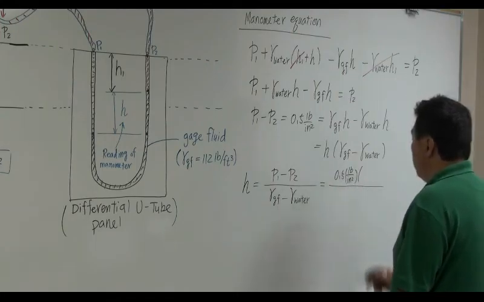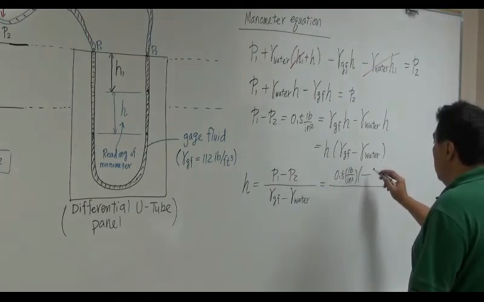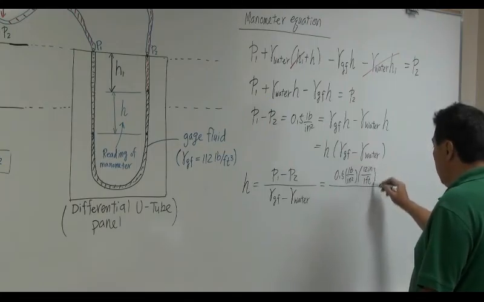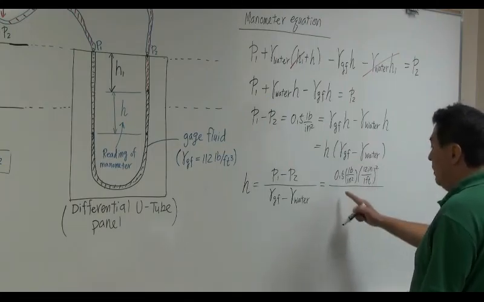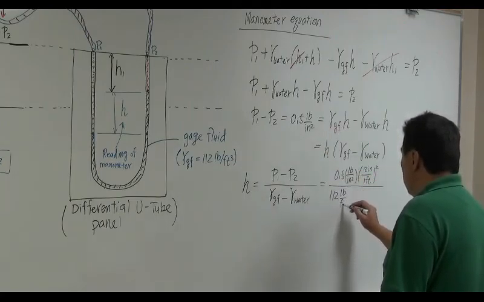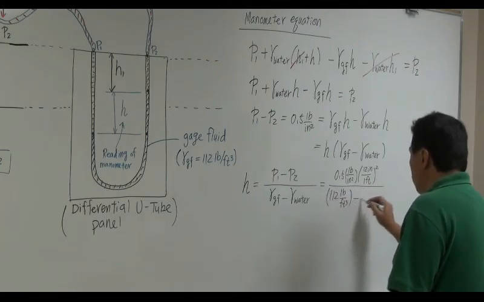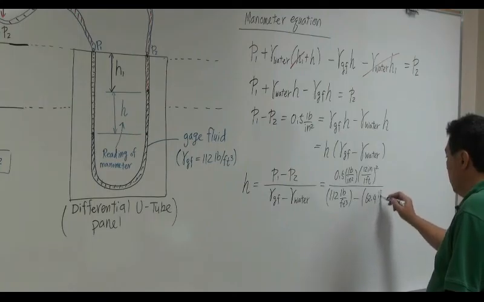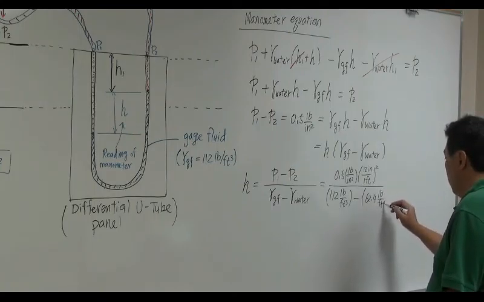Let's convert it to pounds per square foot, 12 inches over 1 foot squared. Gamma gauge fluid is given as 112 pounds per cubic foot, minus water at 62.4 pounds per cubic foot.